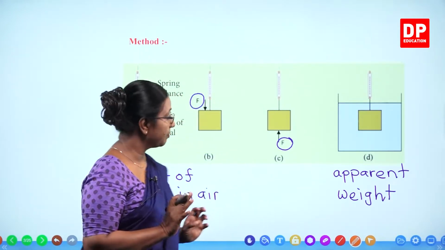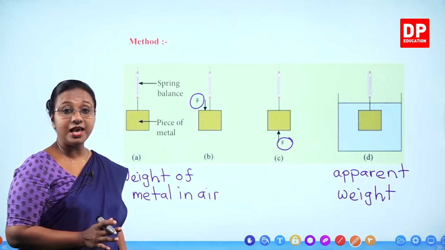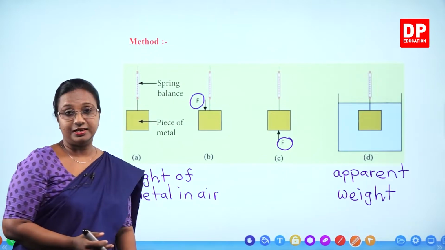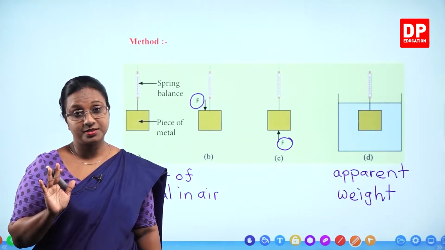Thereafter, you observe whether that is equal to the weight of the object in air, or whether it has increased or decreased. Then you will understand the concept of upthrust.